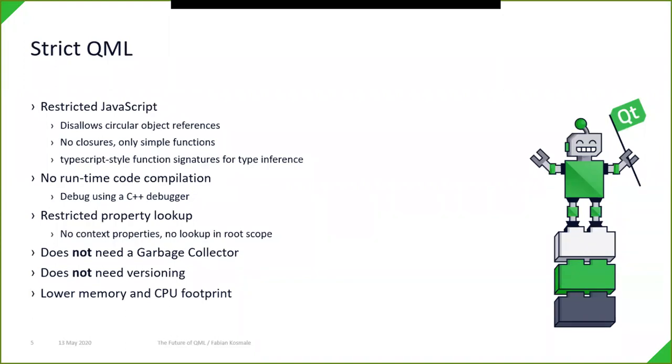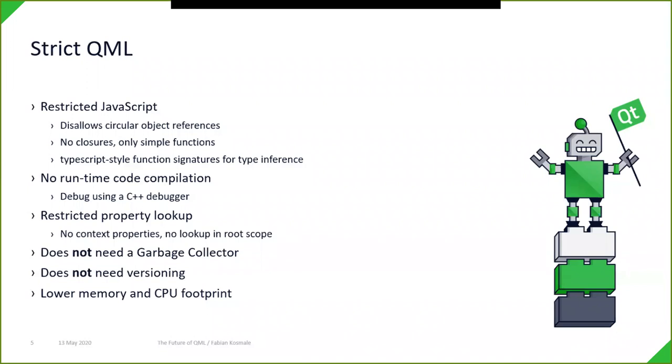And you probably will be required to add some type hints to your functions, like you might know from TypeScript. There will also be no runtime compilation anymore. And instead, the code will be compiled to C++. And you will be able to use your normal C++ debugger like GDB.